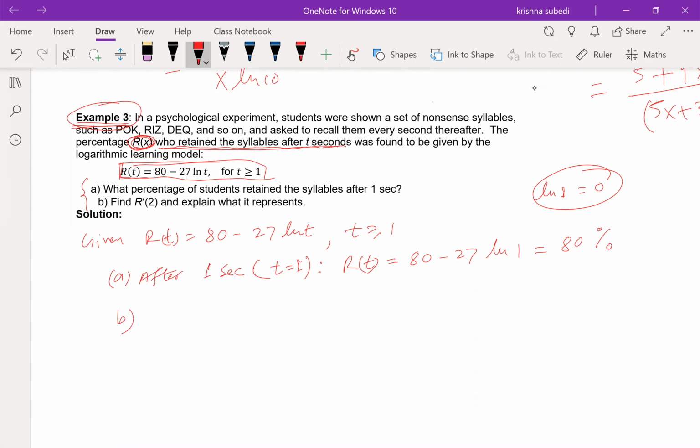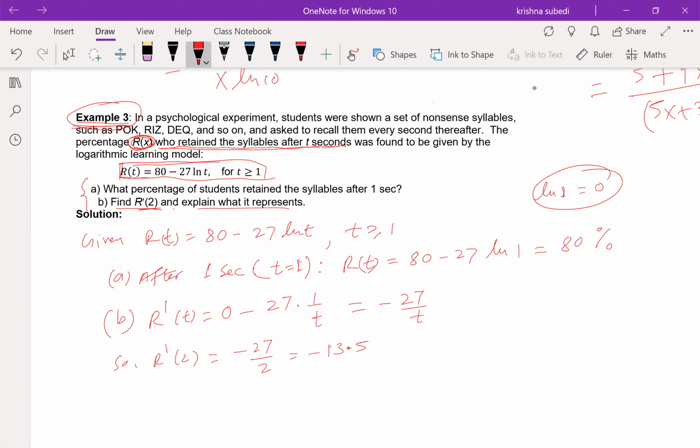Now, part B. Find R prime of 2 and explain what it represents. So first, let us find R prime of T, the derivative of this function, which is: the derivative of 80 is 0, minus the derivative of 27 ln T, which will be negative 27 times 1 over T. So that's going to give me negative 27 over T. So your R prime of 2 is going to be negative 27 over 2, which is negative 13.5.